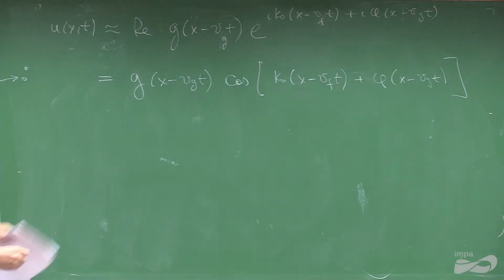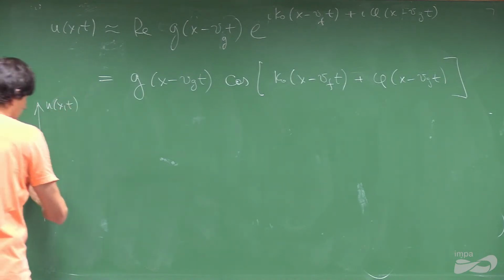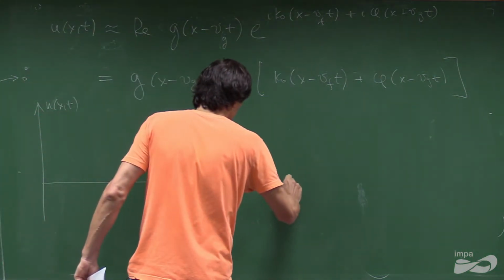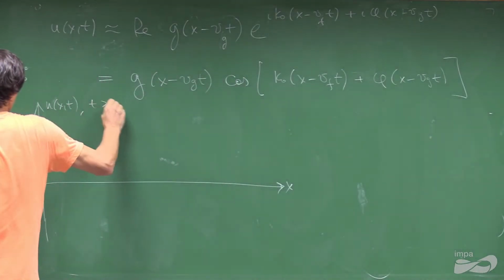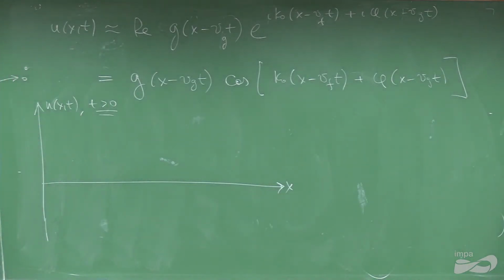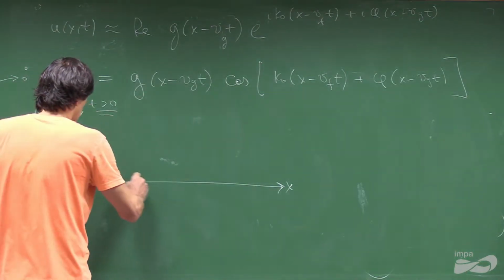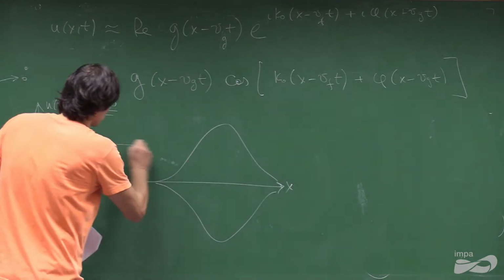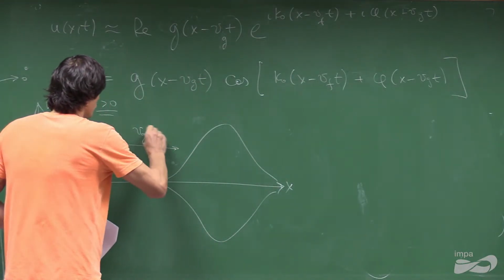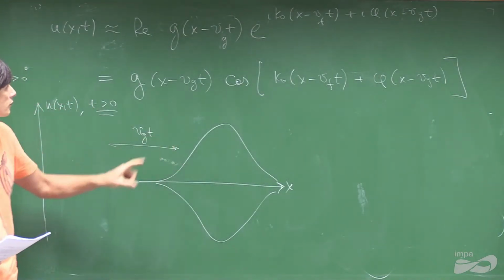So what's the graph of this function at t positive? Let's fix some t positive. The difference is that now the envelope, which is a slow function, should be moved to the right by vg t. So the envelope moved with speed vg.